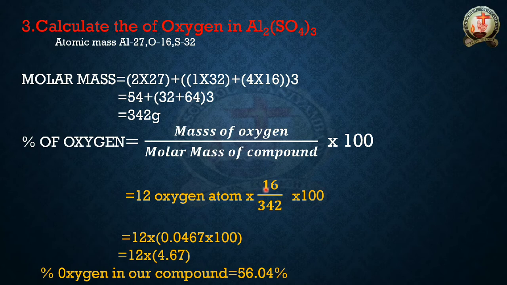How are we going to cancel here? 16 divided by 342, we can get 0.0467. Okay, this 100 is there, so I can use this 100. Now we can understand the percentage of oxygen in our compound: 56.04 percent.